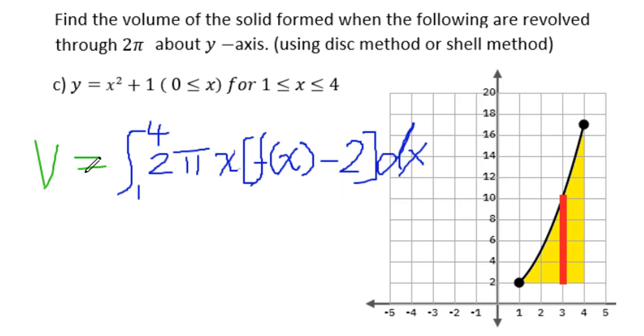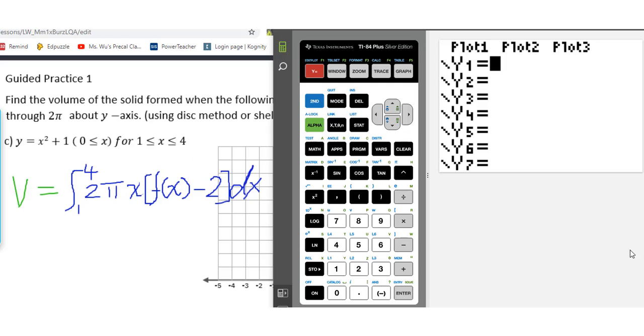Therefore, the volume equals the integral from 1 to 4 of 2 pi x times the height, f of x minus 2, because the shaded area is formed by two functions, y equals x squared plus 1 and y equals 2.